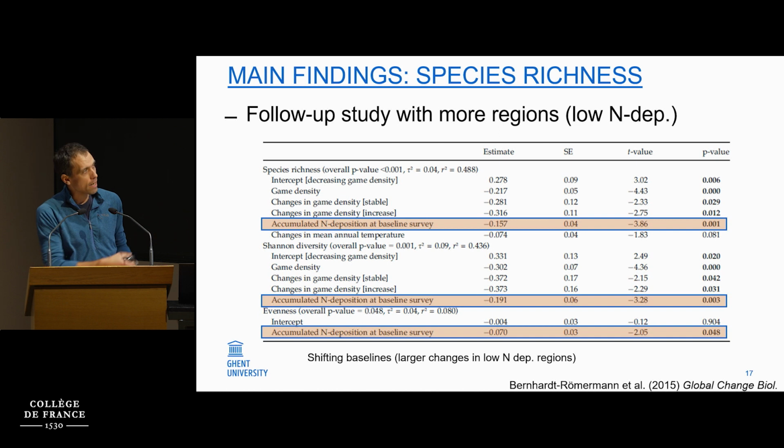And so by adding also data from regions with low nitrogen deposition at the baseline survey, we found that the higher this cumulative nitrogen deposition between the 2 points in time, the more negative or the higher the species loss was.